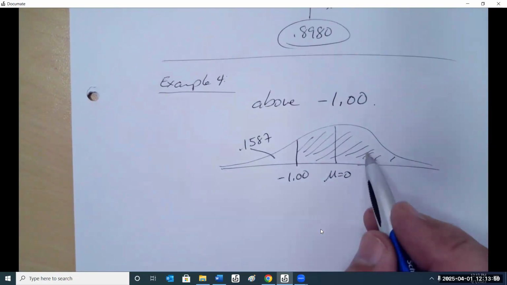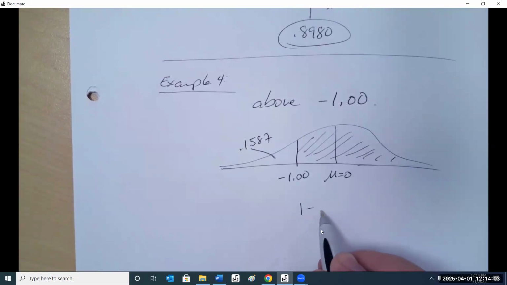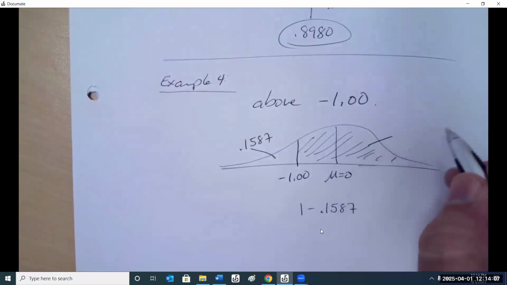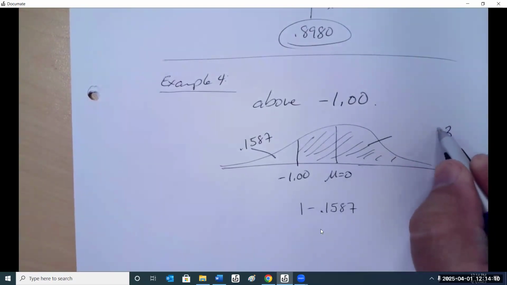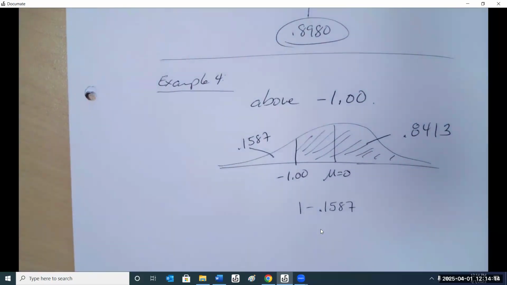How do we find the other part? So this area is going to be 0.8413. Pretty easy.